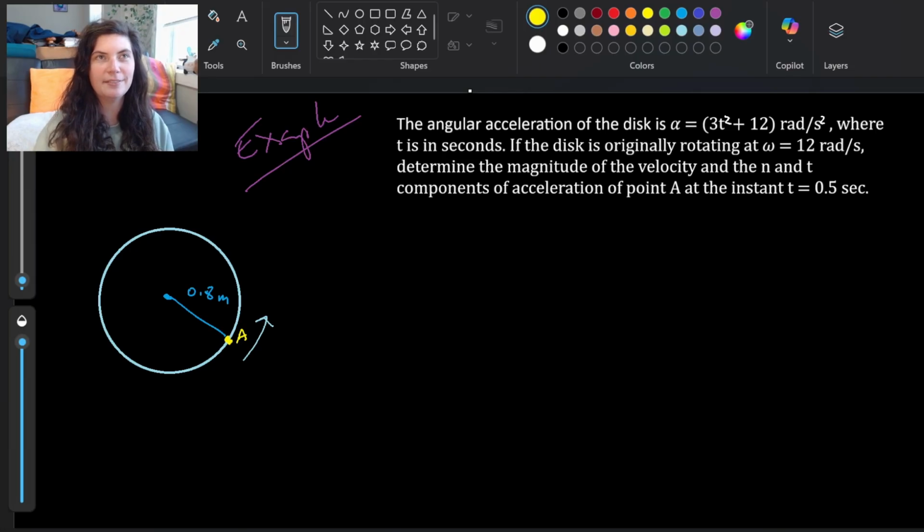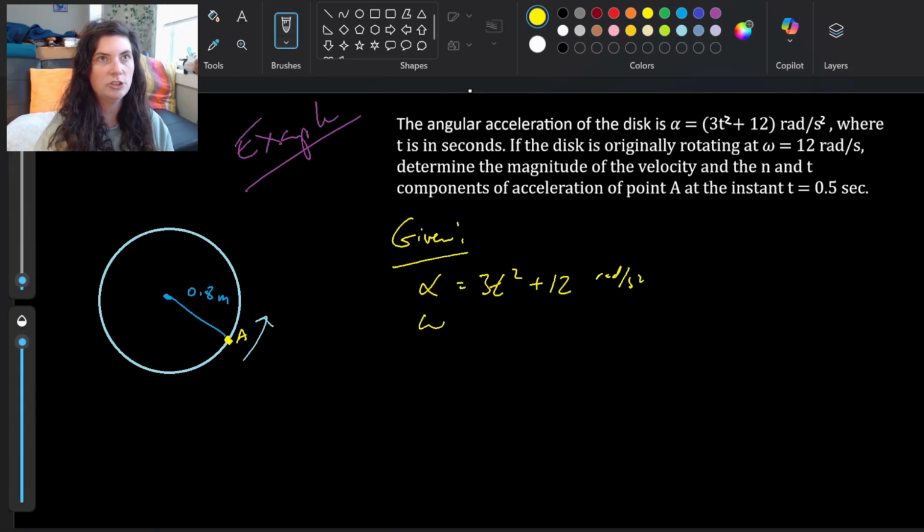Looking at what we're given in this one, now instead of trying to find our angular velocities and positions, we're trying to find our linear velocity and the normal and tangential components of our acceleration. So let's take a look at everything we're given. We're just going to write it out. Our angular acceleration, they gave us alpha is 3t squared plus 12, in radians per second squared.